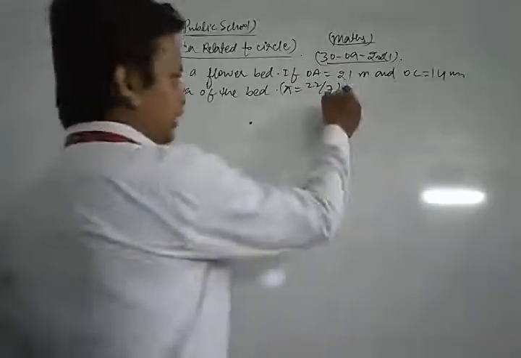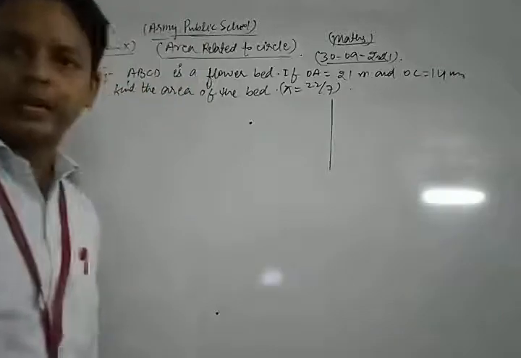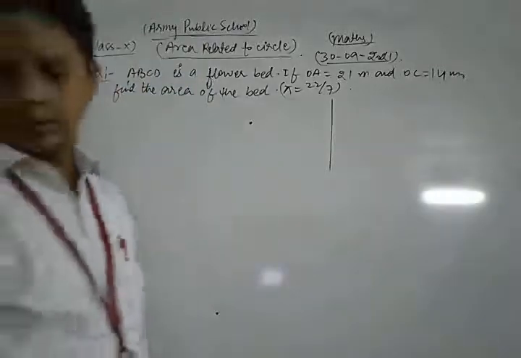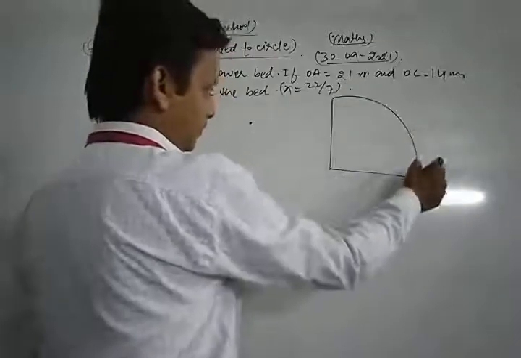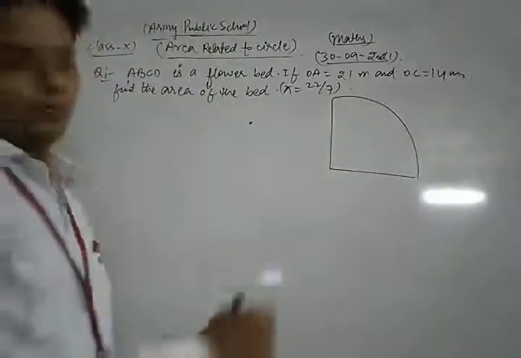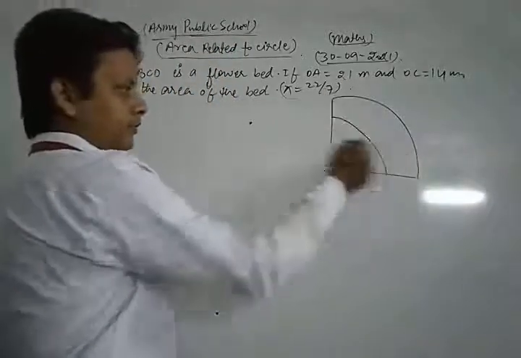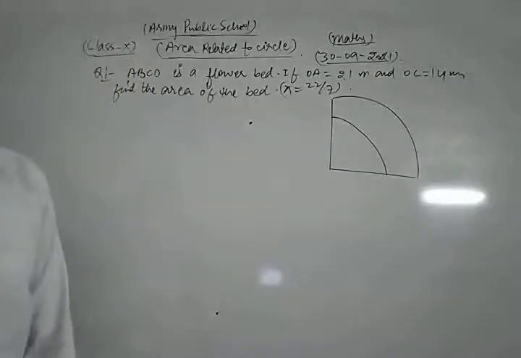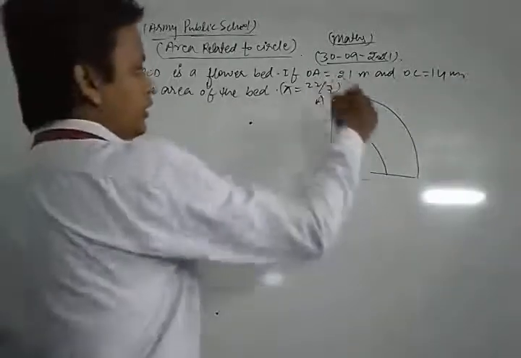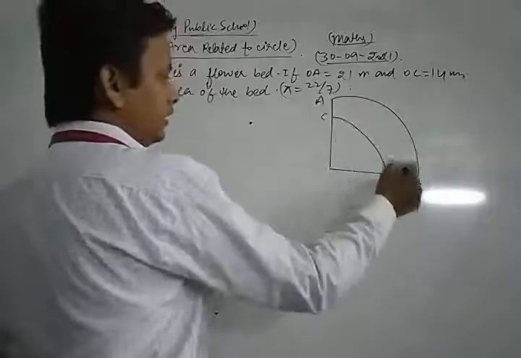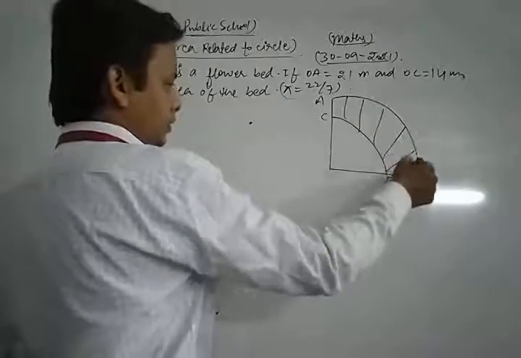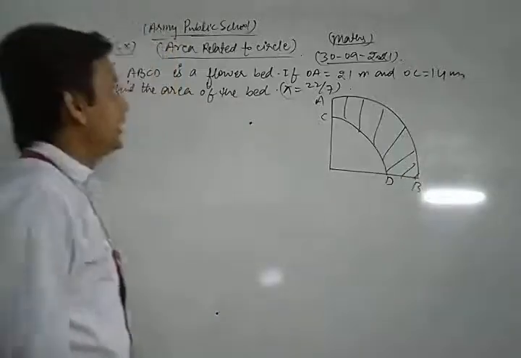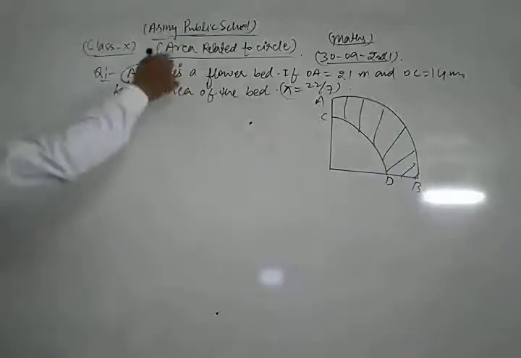For that question the figure is given, dear students. Look, this is the figure and here is ABCD. This is the flower bed. We find the area of that portion, because ABCD is the flower bed.